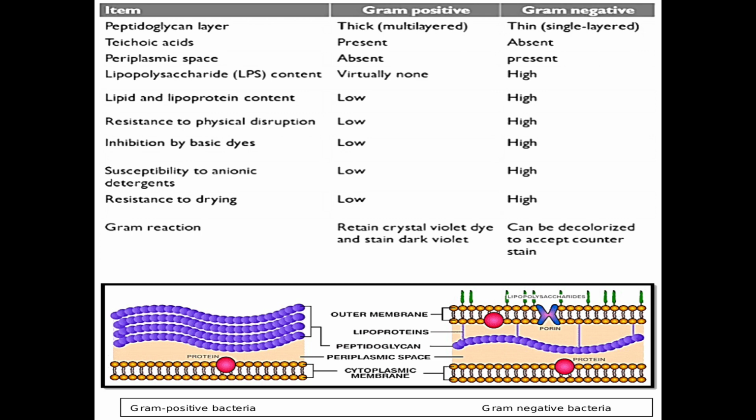In gram-positive bacteria, the peptidoglycan layer is thick, but in gram-negative, it is thin. Teichoic acids are present in gram-positive bacteria, but absent in gram-negative bacteria. And periplasmic space is absent in gram-positive bacteria, but present in gram-negative bacteria. So all these different features are included for both gram-positive and gram-negative.